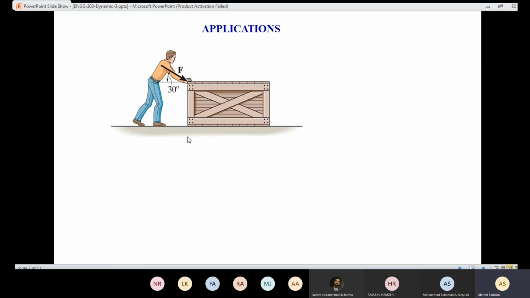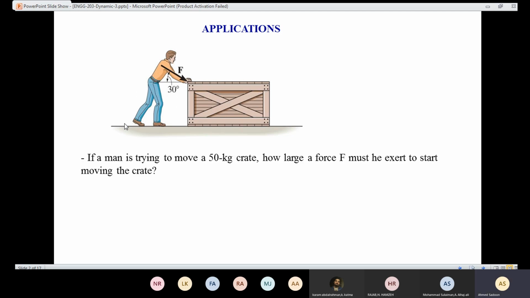Assume that we have a box or crate, and we have a man here. He is pushing that box at a certain angle, and we need to know how large a force F must be exerted to start moving the crate or the box.